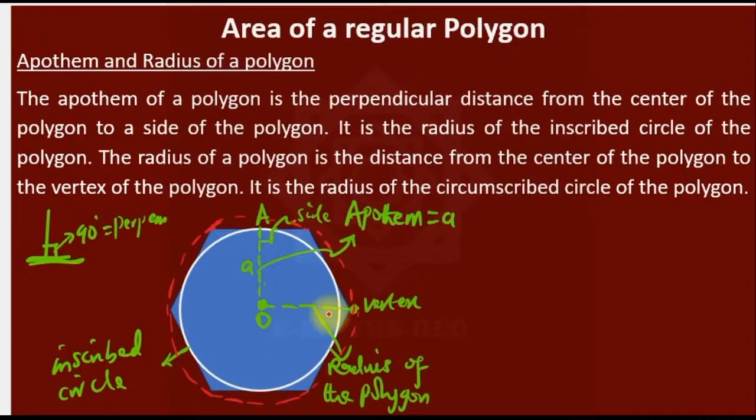This is now the radius of this circumcircle. This one outside is called the circumcircle. This one is the inscribed circle, while the one in red is the circumcircle. So the radius of the circumcircle is the radius of the polygon, while the radius of the inscribed circle is the apothem. So that's it.